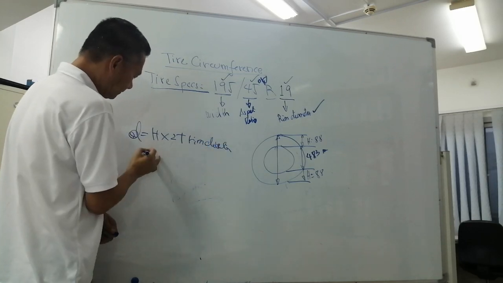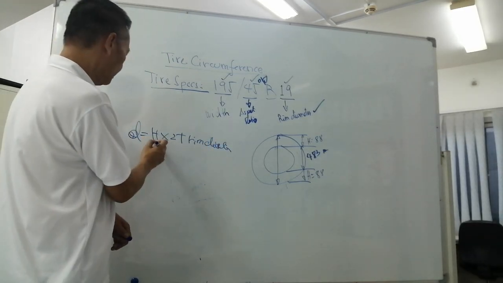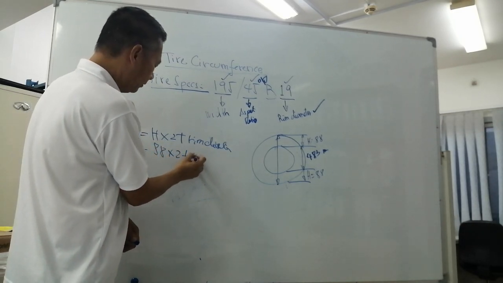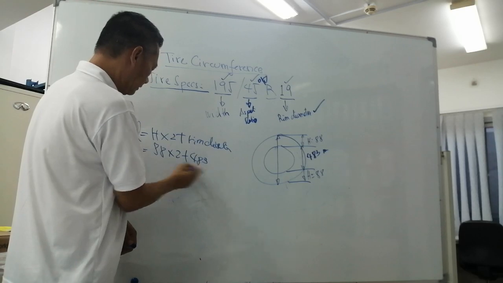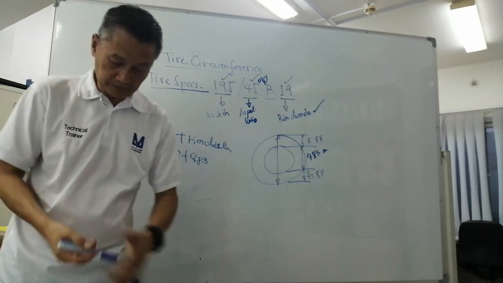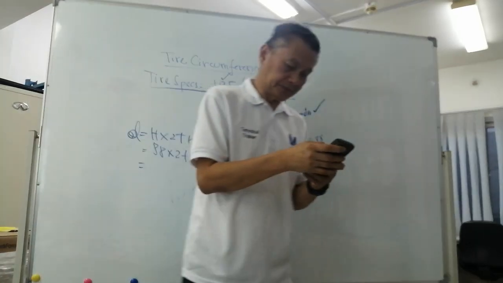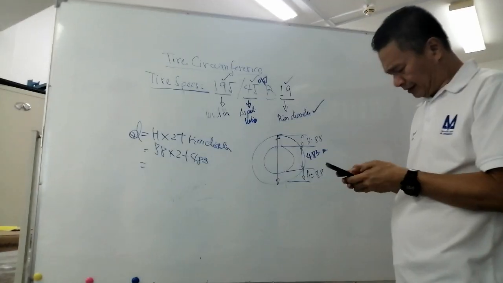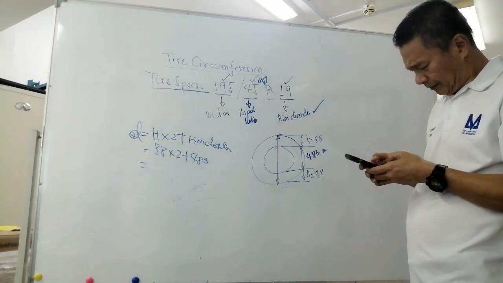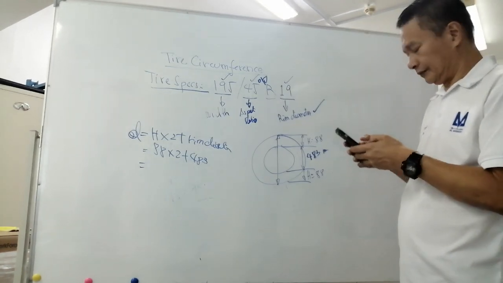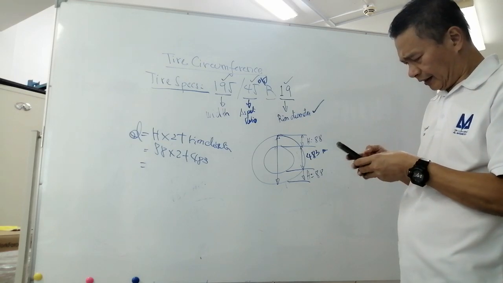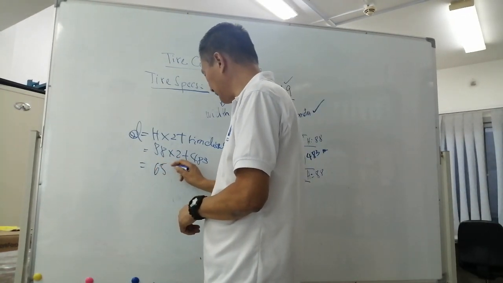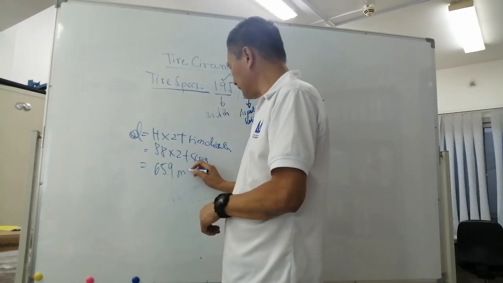Our height is 88, so 88 times 2 plus 483 is 659 millimeters.